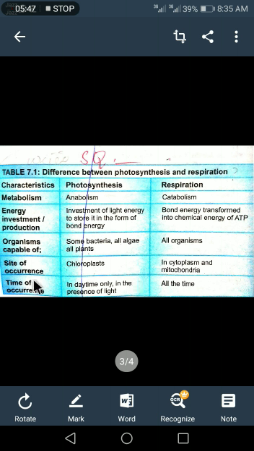The time of occurrence for photosynthesis is only daytime because sunlight is necessary for photosynthesis, so it takes place only in the daytime, while respiration takes place all the time, in the day and at night. So these are the differences between photosynthesis and respiration.